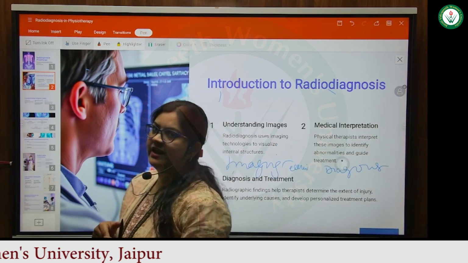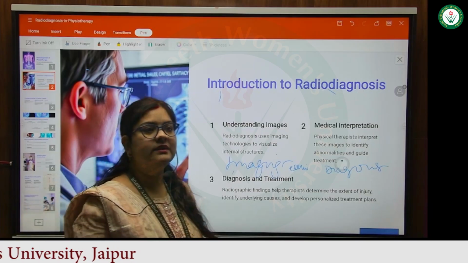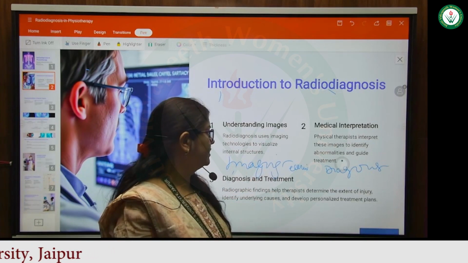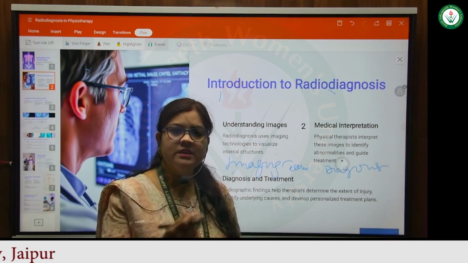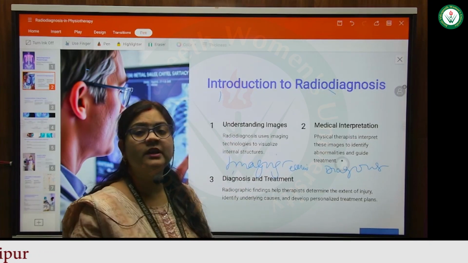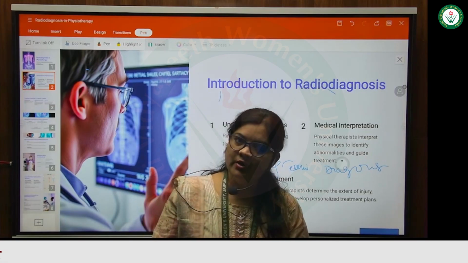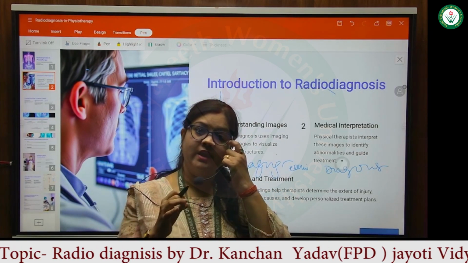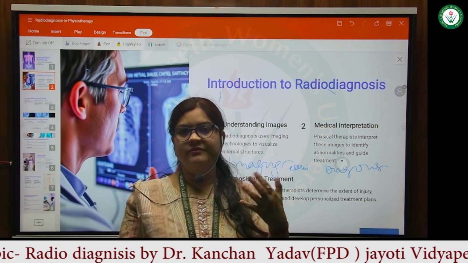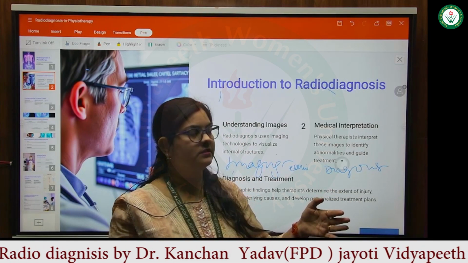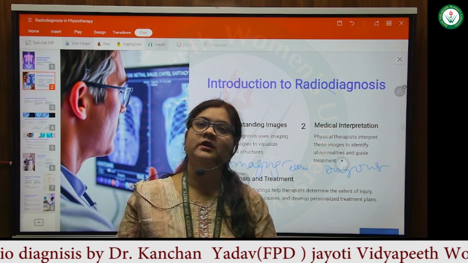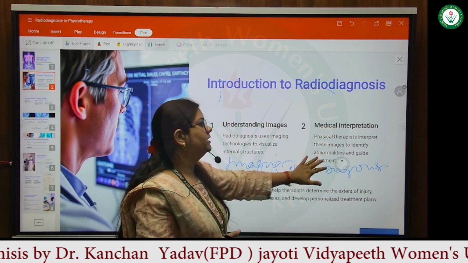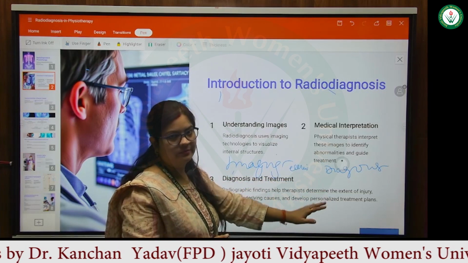Whether there is any type of abnormality, any type of alteration in the structures or the images, we have to identify that and interpret it. If there is any abnormality, we have to find it, and after that we have to use it for the interpretation, which is very helpful for getting a perfect treatment protocol.